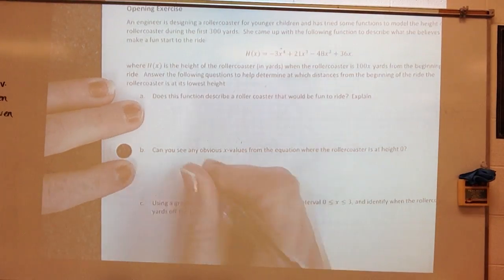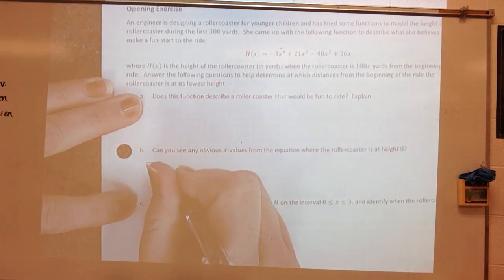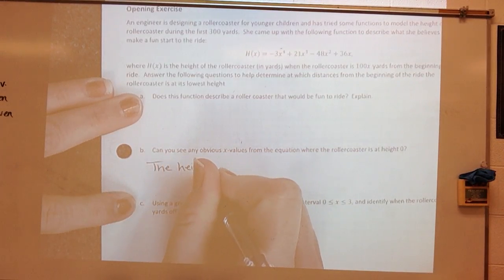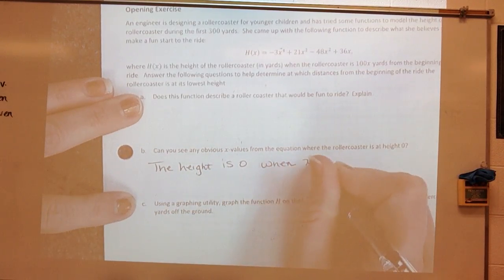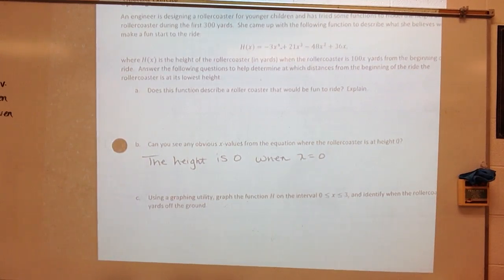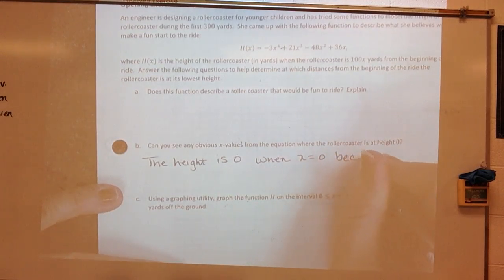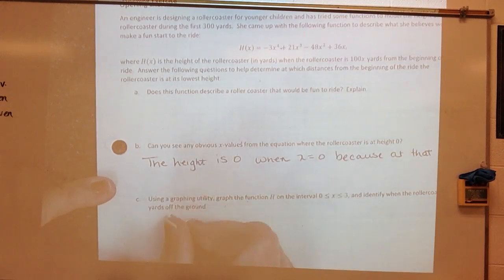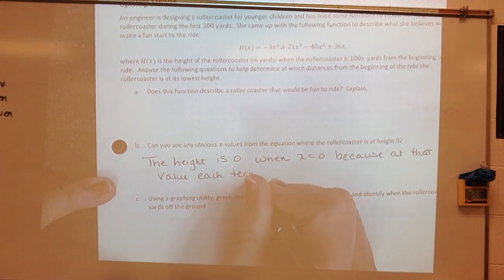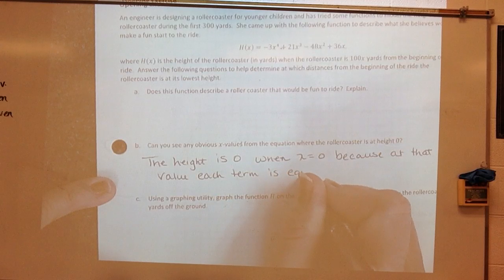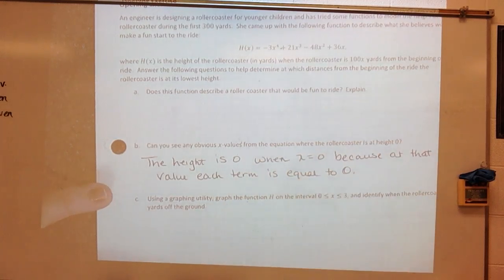So the height is 0 when x is 0, because at that value, each term is equal to 0. In other words, my coordinates here would be 0, 0.